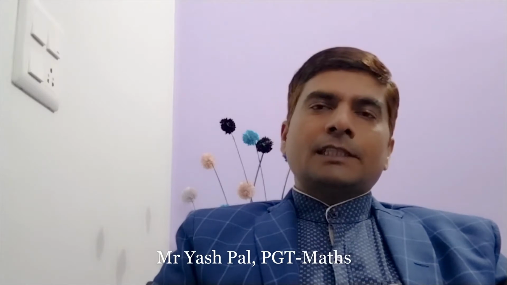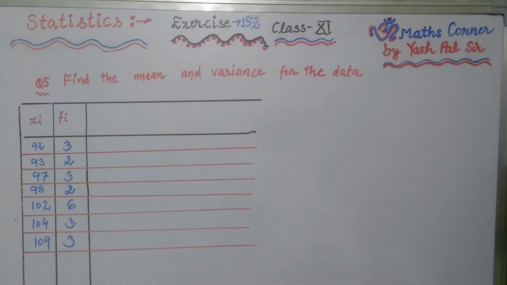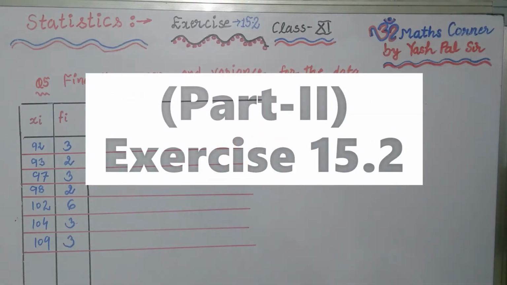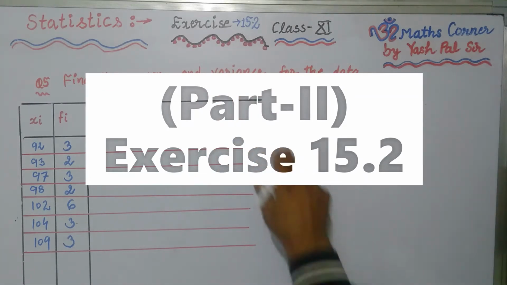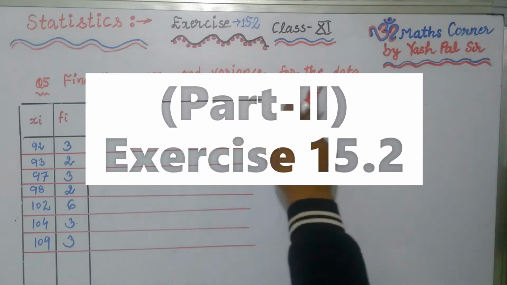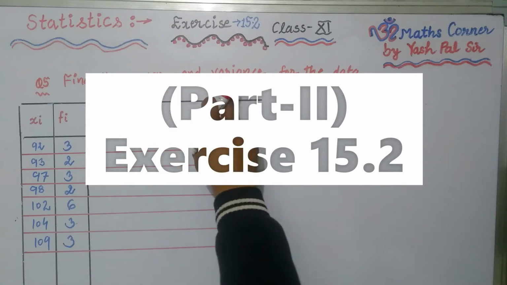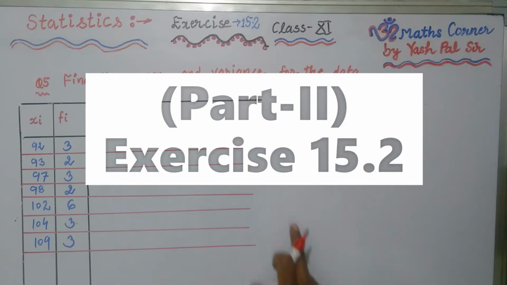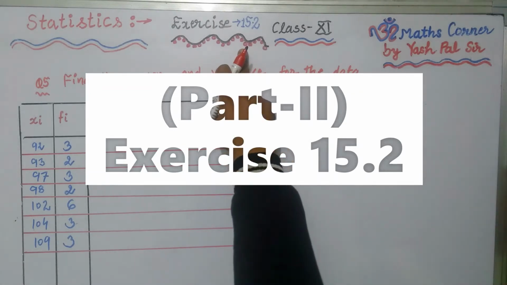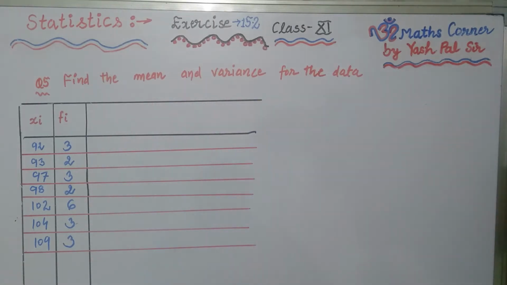Today we shall discuss Exercise 15.2. Name of the chapter is Statistics for the students of class 11 subject mathematics. In part 1 of exercise 15.2, we have already discussed the various rules for how to find the variance and standard deviation, as well as question number 1 to question number 4.